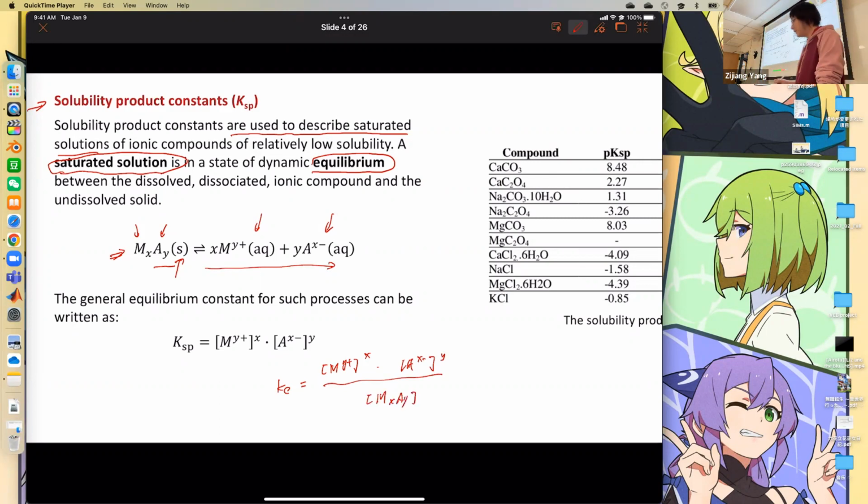But in a water solution, we just focus on the aqueous phase. So we just treat the concentration of the solid as constant because it is in the solid phase. So the equilibrium constant equation becomes this one. And we define this product as the solubility product because it is a product of the concentrations.